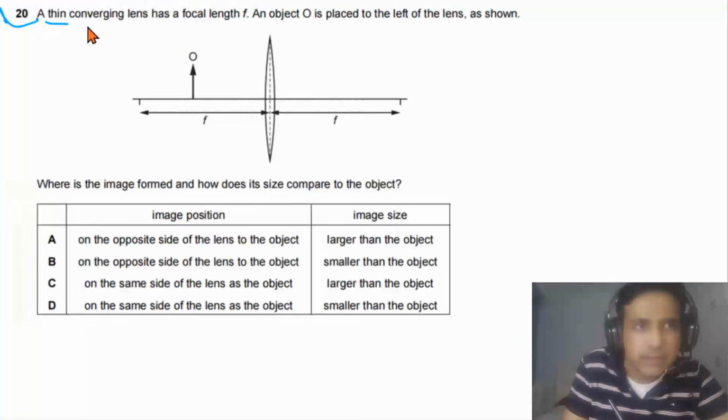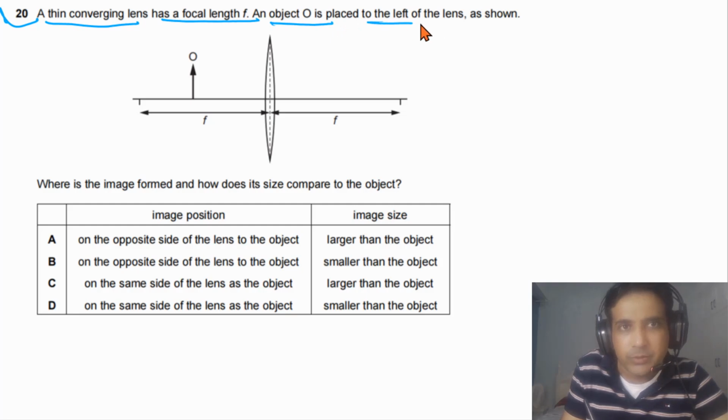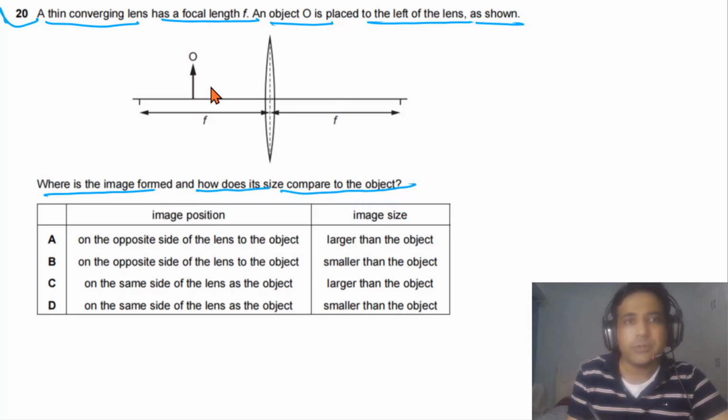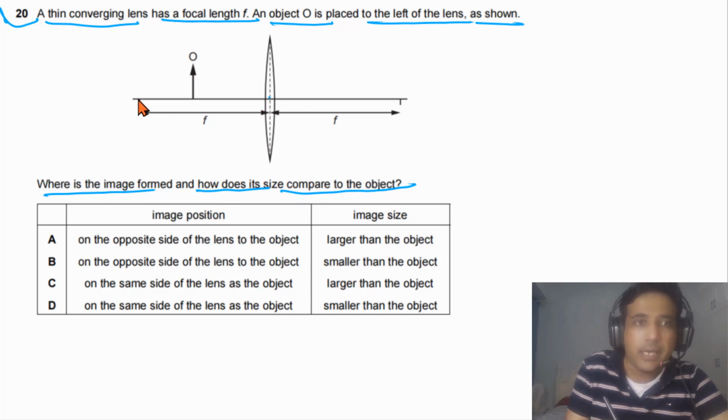Question 20 says a thin converging lens has a focal length f. An object O is placed to the left of the lens as shown in the figure. Where is the image formed and how does its size compare to the object? The first thing we need to understand is that the object is placed between the lens and the focal length.